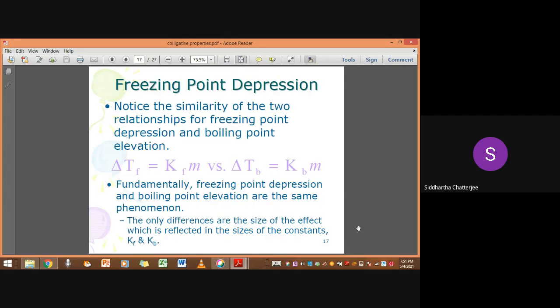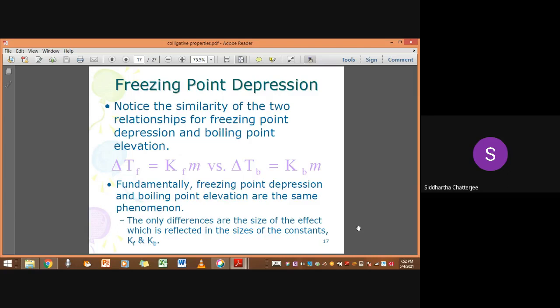So you see the similarity of the two relationships for freezing point depression and boiling point elevation. In case of freezing point depression, del TF is equal to Kf into m, and del TB is equal to Kb into m. Both del TF and del TB are colligative properties. Why?